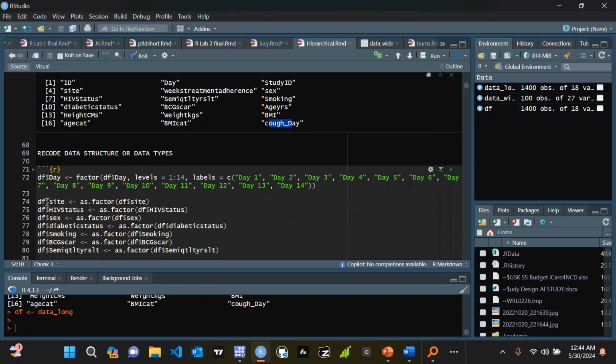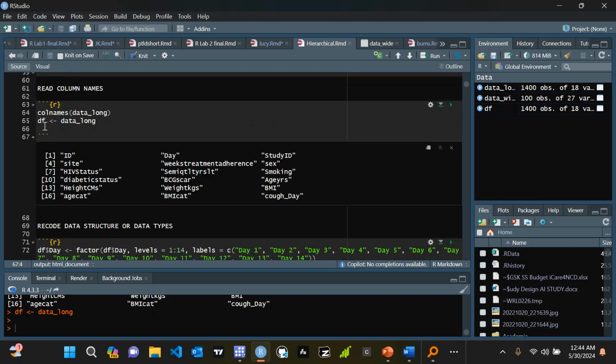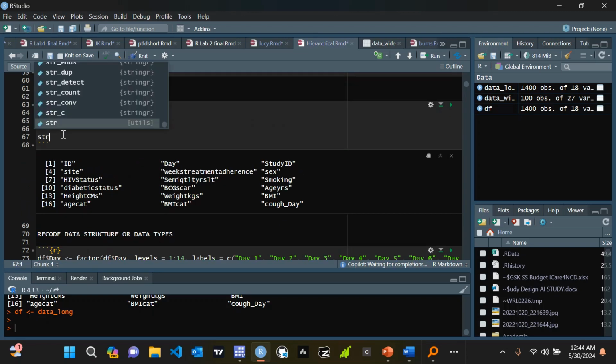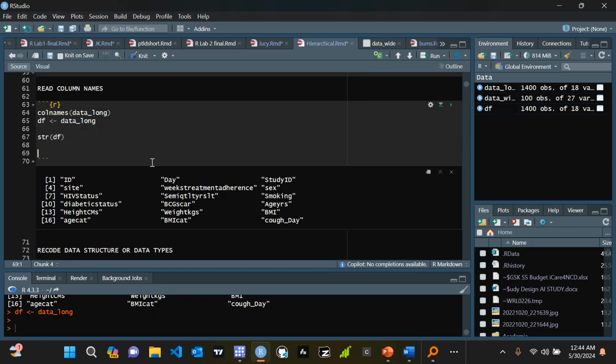I would also include the data structure here, so that you see the structure of our data. I have put df equal to data long because I want to be manipulating df while leaving our initial data or the main data frame untouched.